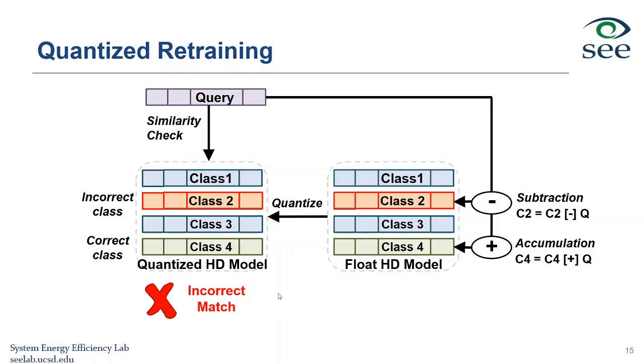And by modifying the floating point model and then requantizing every time, this allows for finer adjustments to the quantized HD model, rather than trying to modify the binary model or quantized model directly. And this retraining method can work for all types of quantization methods. It does not have to just be binary.